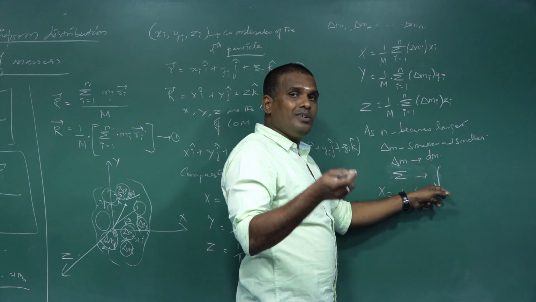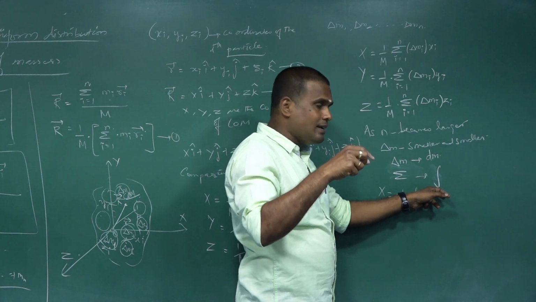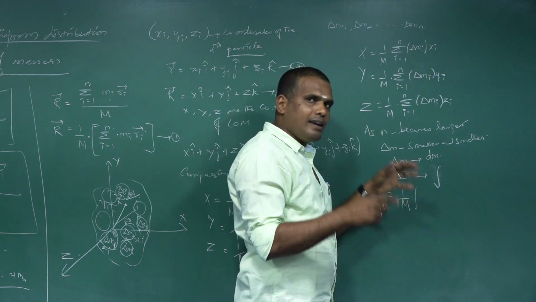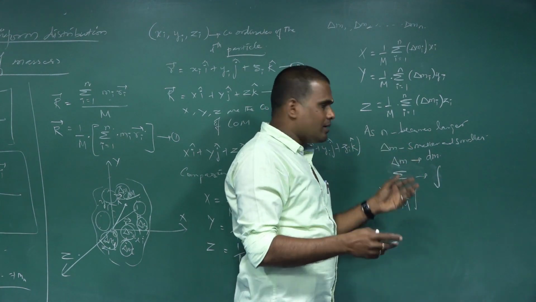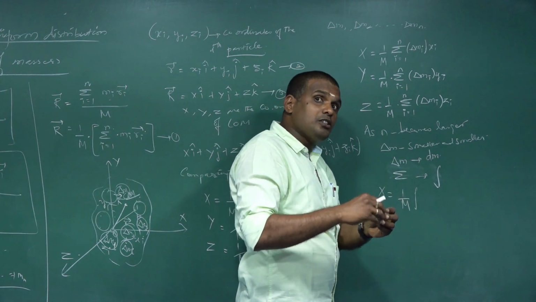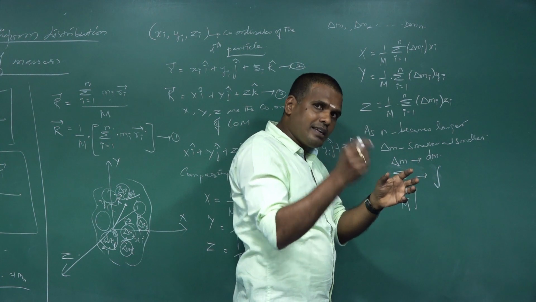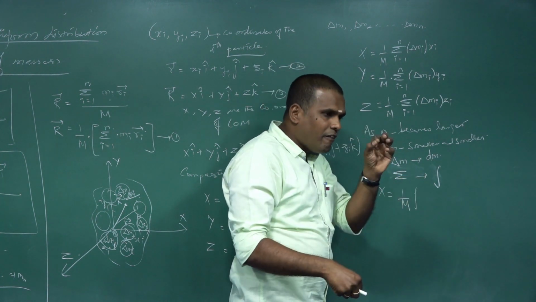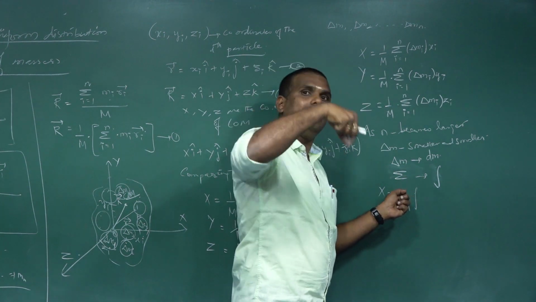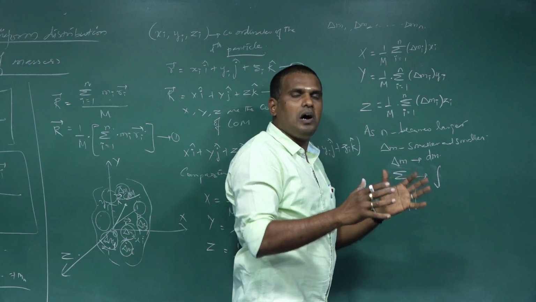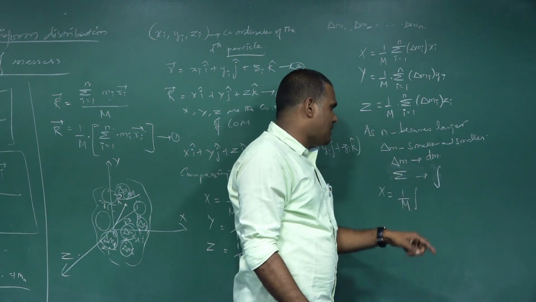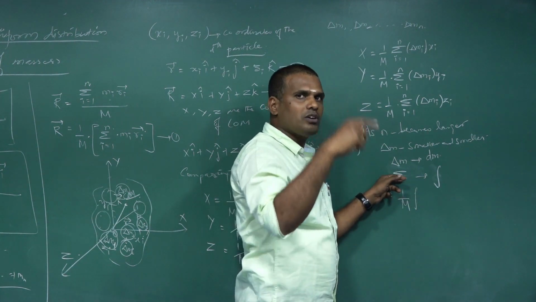Here you are going to integrate all the infinitesimally small elements which are existing in the same system. The entire element is now considered as infinitesimally smaller elements, very fine elements. So you are going to add all the elements in the given system. Integration is replacing the sum over i equals 1 to n.